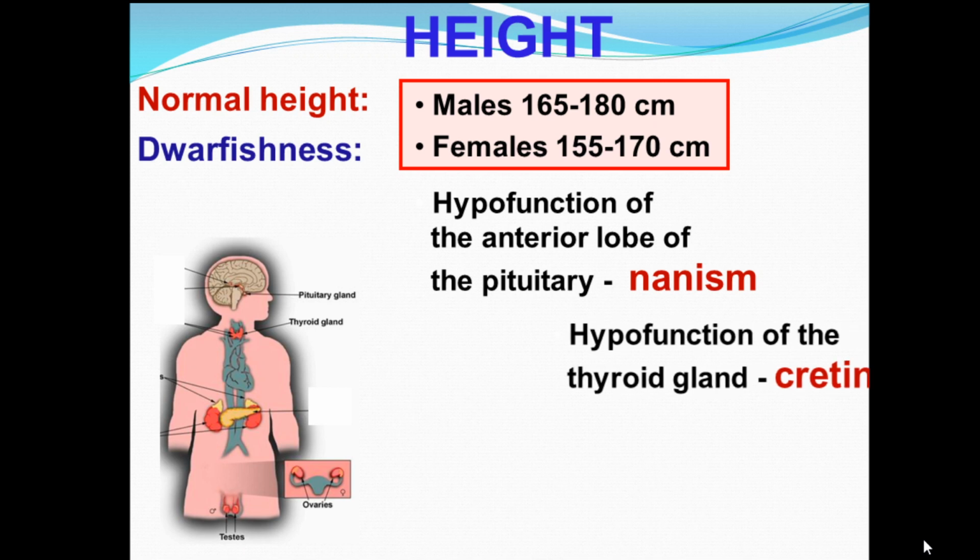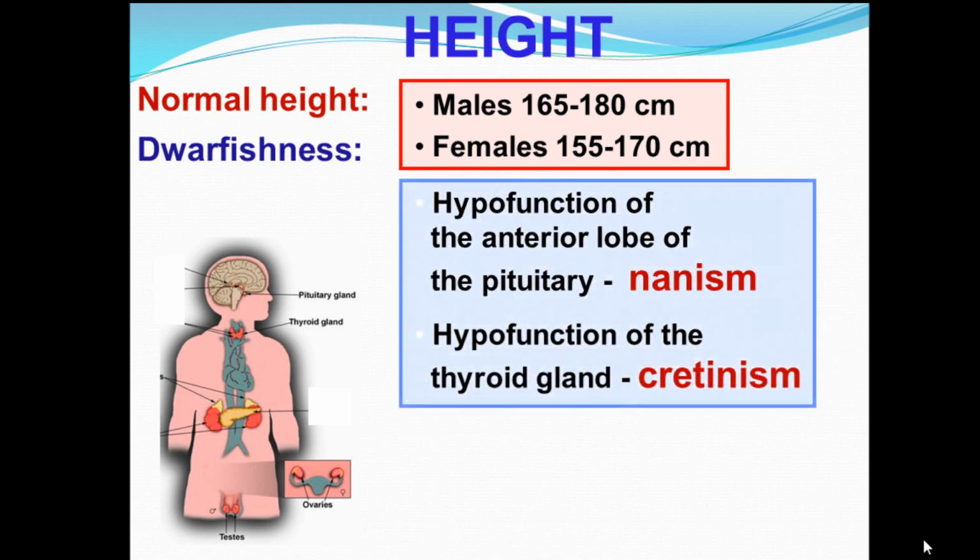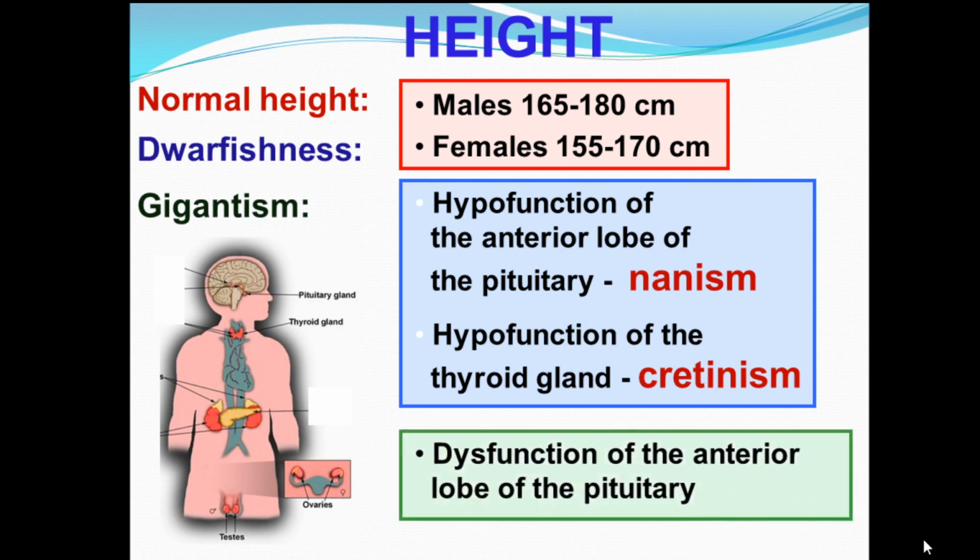More grave is dwarfishness caused by hypofunction of the thyroid gland. In this case, we are talking about cretinism, which is characterized by delay of both physical and psychic development. The opposite situation, height more than 2 meters, we are talking about gigantism, which is caused by dysfunction of the anterior lobe of the pituitary.